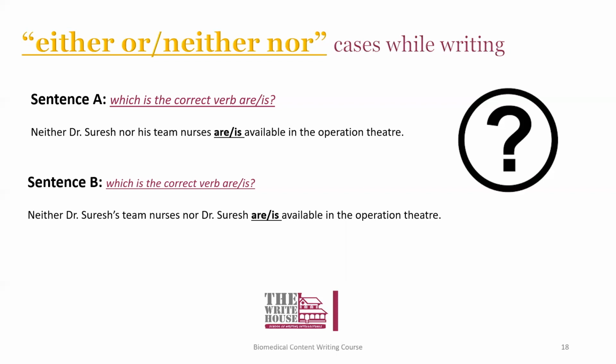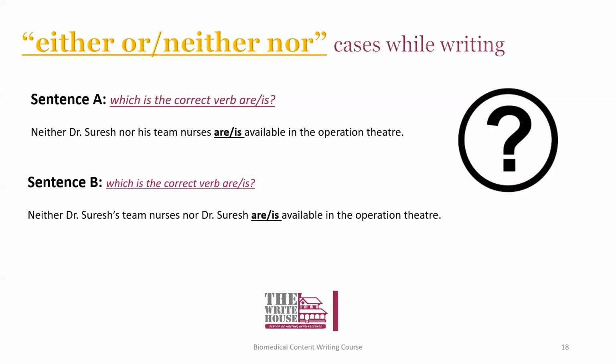In sentence A, nurses is the word closer to your verb. So nurses is plural, so you have to use are in this case. Whereas in sentence B, neither Dr. Suresh's team nurses nor Dr. Suresh, the word Dr. Suresh is closer to your verb. So Dr. Suresh is a singular person. So Dr. Suresh is available in the operation theater.